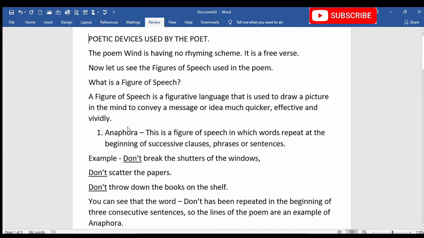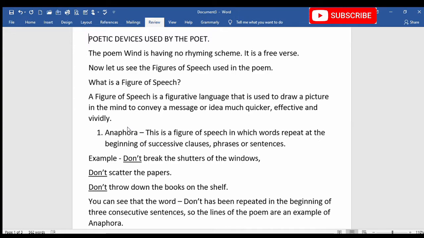So, when a poet wants his readers to understand what is there in his mind, very quickly, he uses certain poetic devices to write the poem. And that makes the poem very effective.